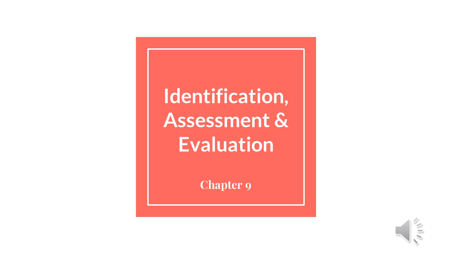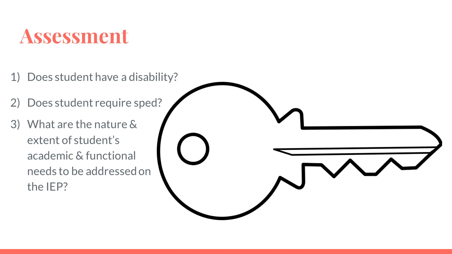So assessment. In the text, they say that in IDEA they use the words assessment and evaluation interchangeably. So whether I say assessment or evaluation, I mean the same thing. The process we're going through to identify kids that would be eligible for special education and to develop their program.